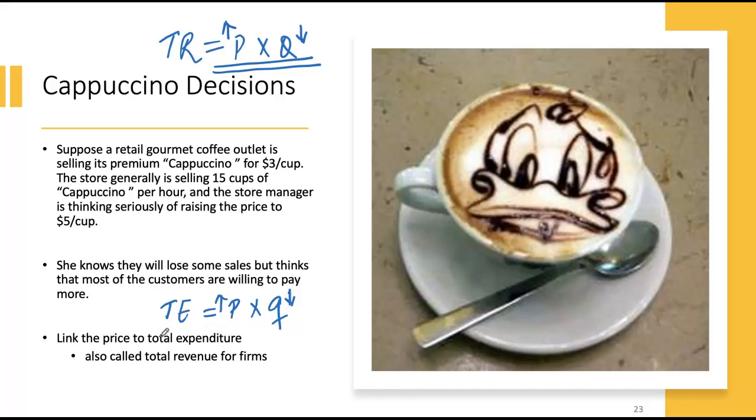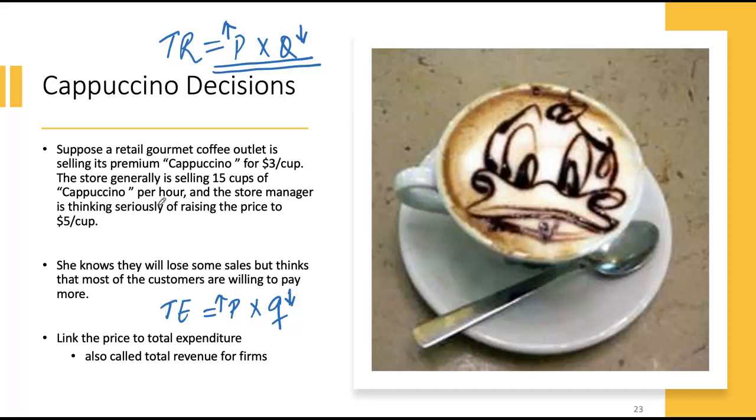Your overall expenditure can increase if the price effect is dominant in this case, or your overall expenditure can decrease if you start consuming a lot less of this good compared to before. So revenue and expenditure are two sides of the exact same coin. From the point of view of firms, this concept is total revenue, and from the point of view of our customers in this market, this concept is total expenditure.